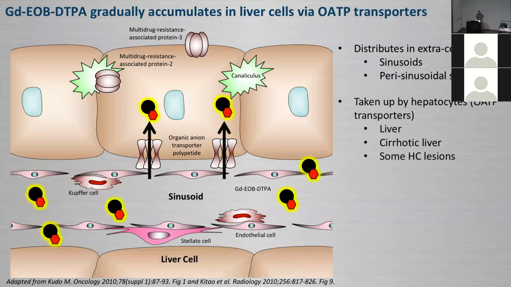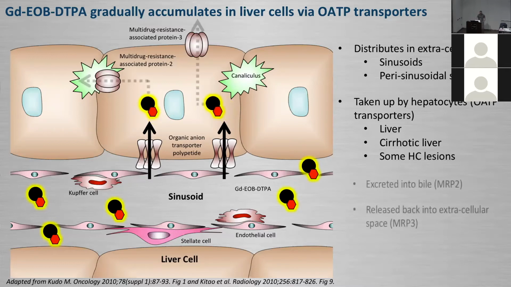Now, over time, the contrast agent, gadolinium EOB, is recognized by the OATP transporters and literally gets inside the cells via these transporters. And these transporters live on hepatocytes. They live on hepatocytes in the normal liver. They live in hepatocytes in the cirrhotic liver. And they live in hepatocytes in some hepatocellular lesions.